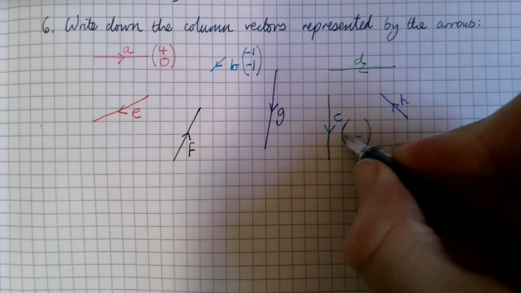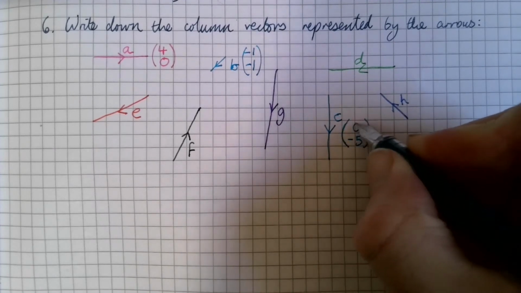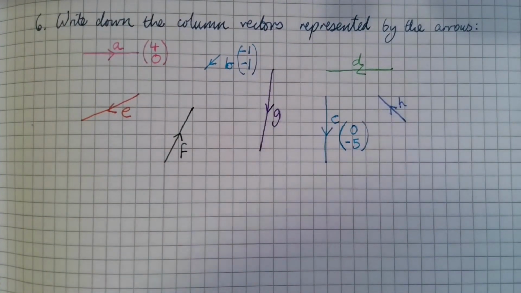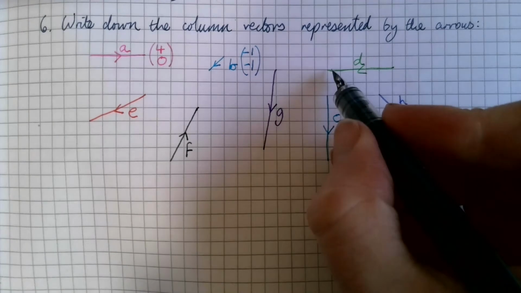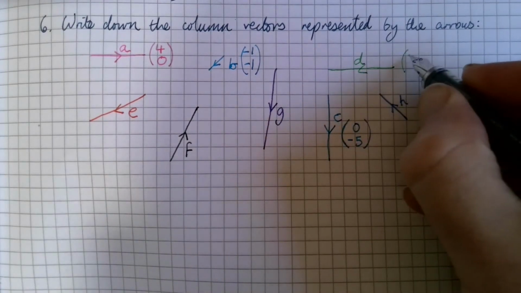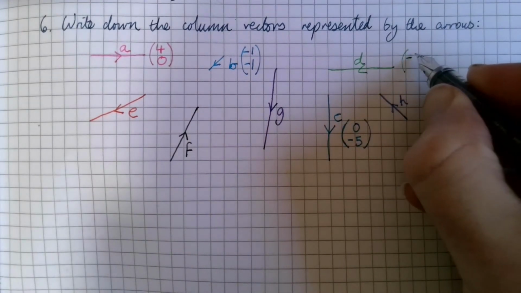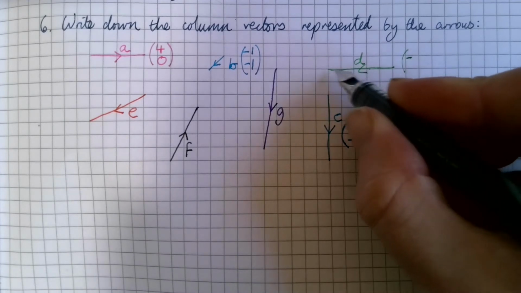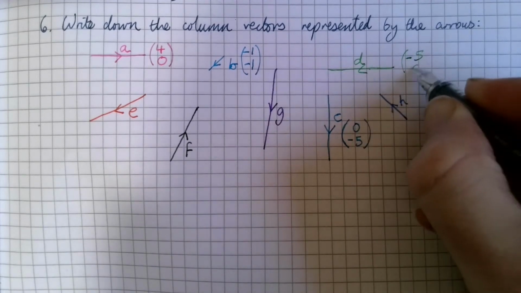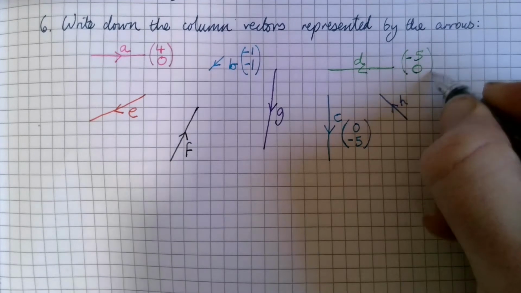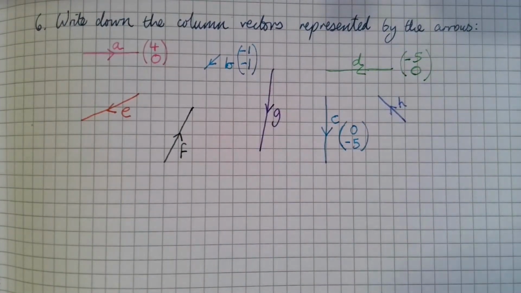It's not going anywhere laterally, so it's a 0 for your x value. The fourth one, D, that's going due left, so left is -1, 2, 3, 4, 5 squares, and it's not going up or down, so that's a 0 for your y shift.